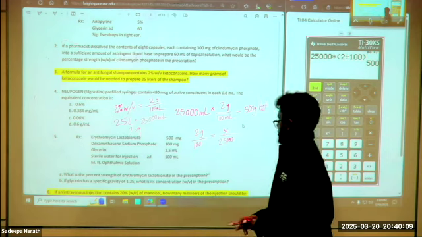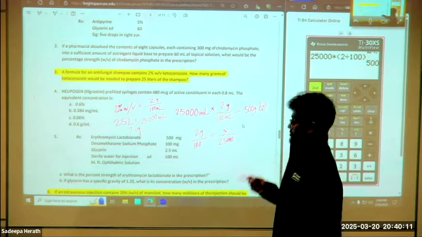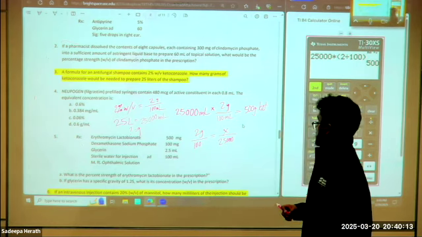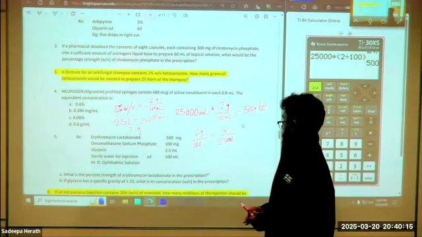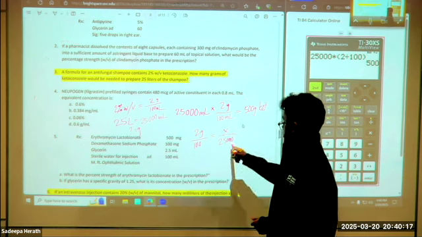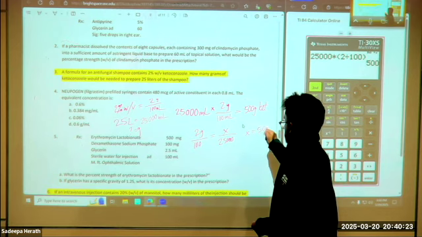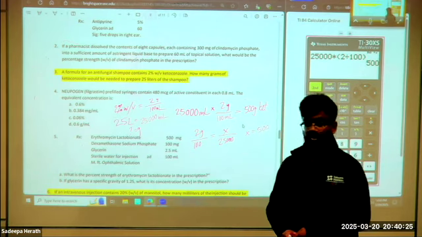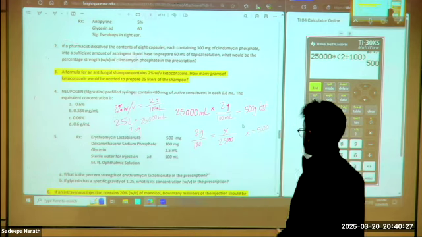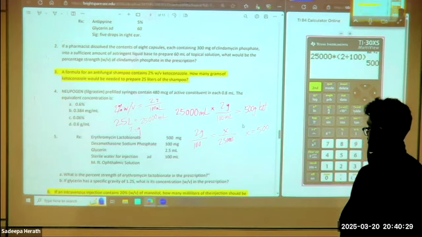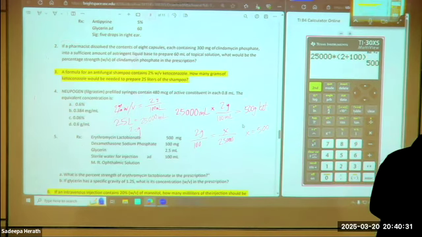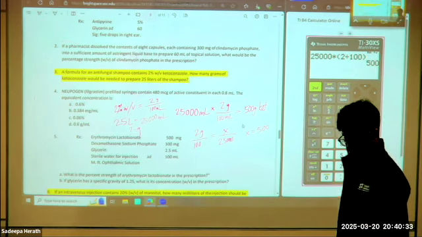So you need grams. 25,000 times 2 is 50,000, divided by 100. You can take 2 zeros off. That's also 500. 25,000 times 2 divided by 100 equals 500. Yep, sounds good.